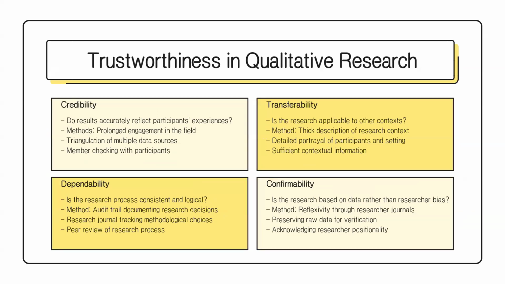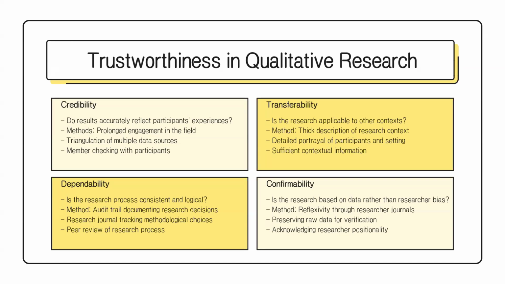We use trustworthiness instead of traditional validity and reliability. Credibility means results actually reflect experiences. Methods include member checking. Transferability means the research is applicable to other contexts, achieved by thick description.